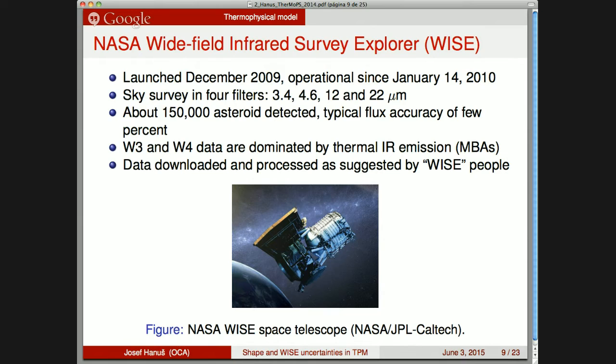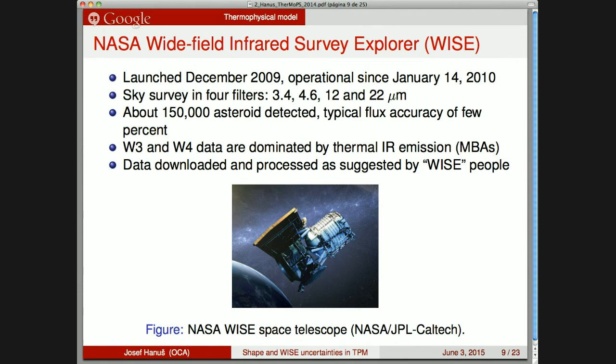Only the data at 12 and 22 microns are dominated by thermal emission for main belt asteroids in general, so for thermophysical modeling we use only these 2 bands. And to get the data, we use the standard process described in several papers of the WISE team. So there is no magic.